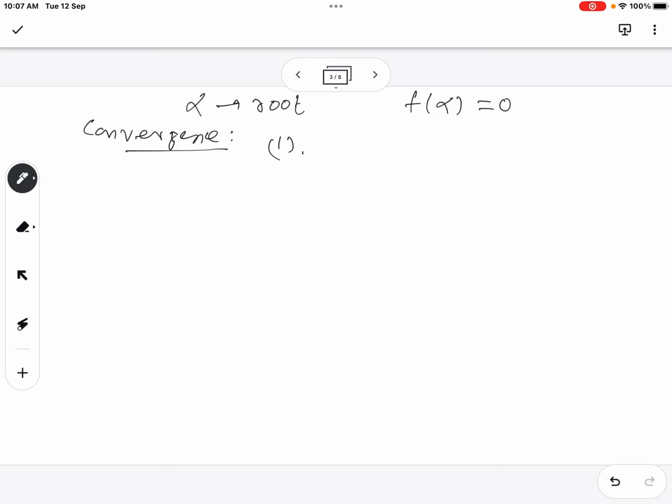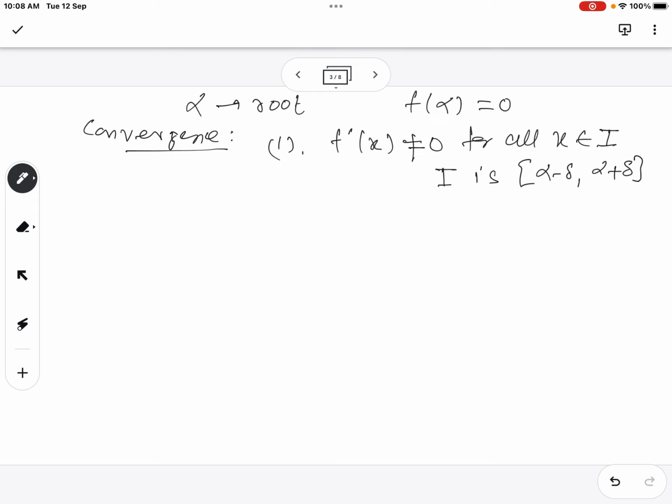Number 1, the derivative of f should not be equal to 0 for all values of x in a given interval, and that interval is alpha minus delta to alpha plus delta, where alpha is the root.